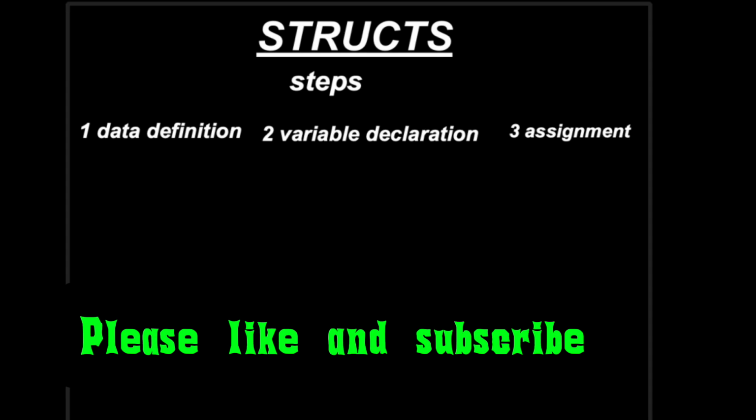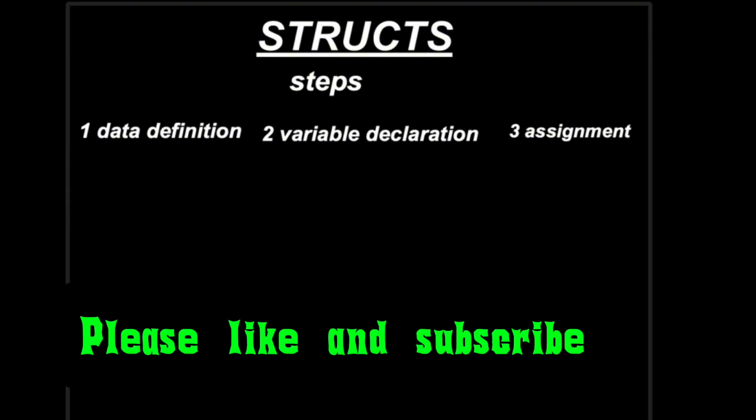In this situation, it's very difficult for us to group them together because they have different data types, and because they have different data types we can't store them inside one variable, and that's why we have to use structs. Without structs it's going to be difficult for us to do that, and our program is going to be messy and it's not going to make sense.